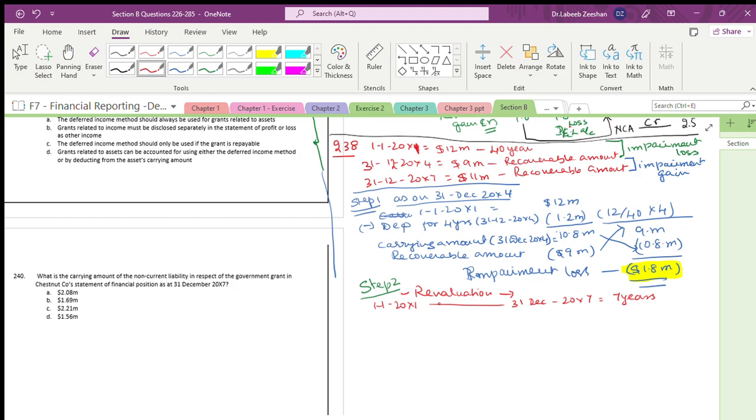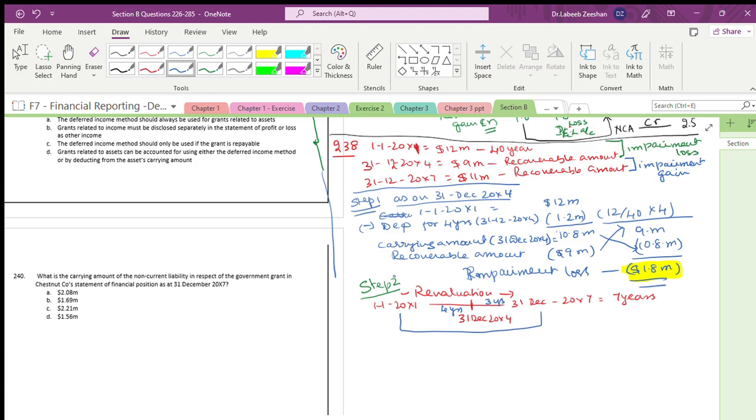Put one line here. This is as per December 31st, 2004. This is for 4 years. This is for 3 years. But when we are going to make it a cost model, we have to do it completely for all 7 years.